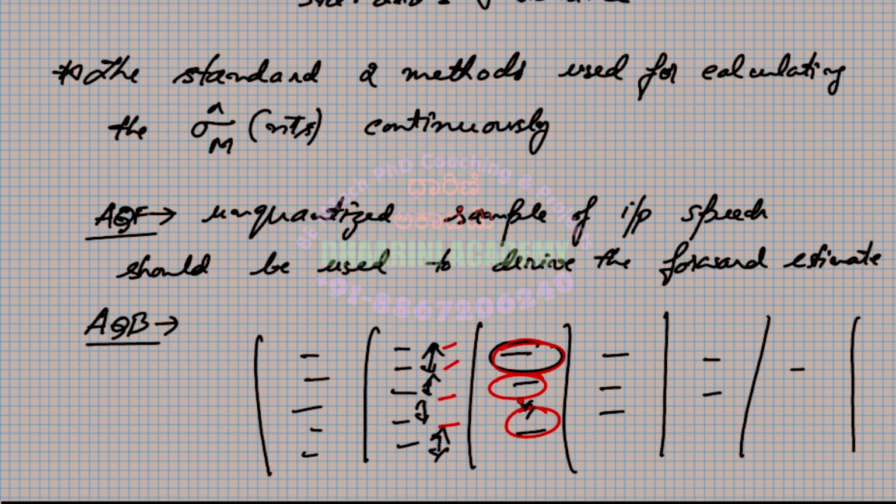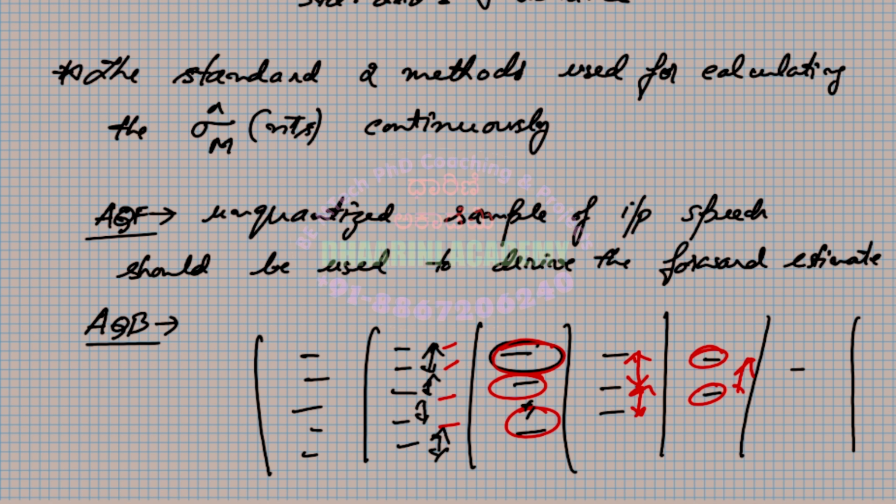Otherwise, you can have the reverse, called a backward difference. You subtract first minus second and fill that, second minus third and fill that. This is the backward difference method. You can take the differences in either of these ways.